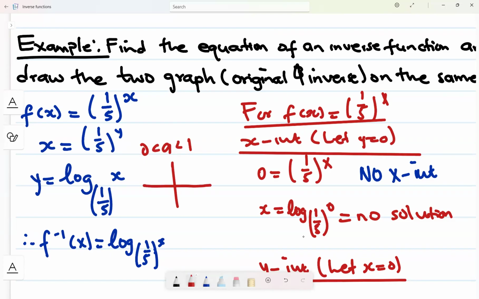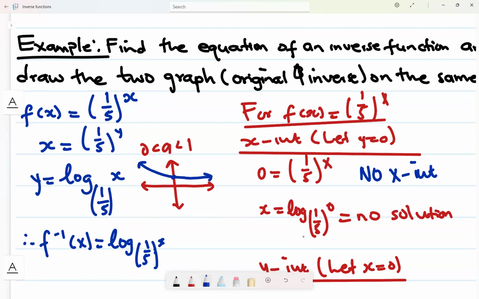If you can't remember that, watch the playlist where I recorded the exponential function. So it's going to be a decreasing function. From left to right, it's just going to decrease like that.